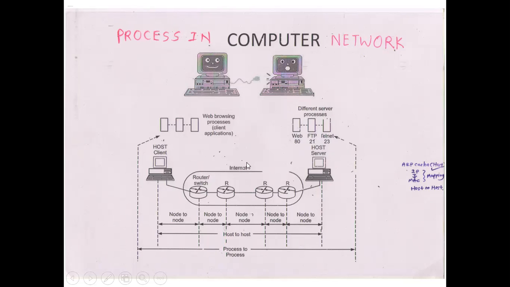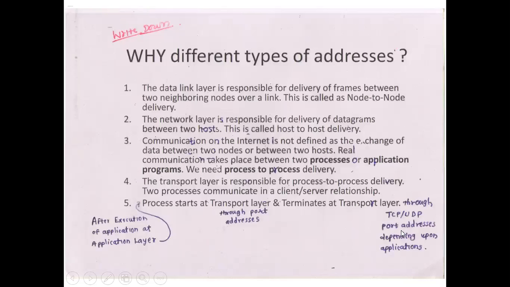So web browsing, file transferring, remote execution are all process to process delivery, and hence different types of addresses are required for such communication.